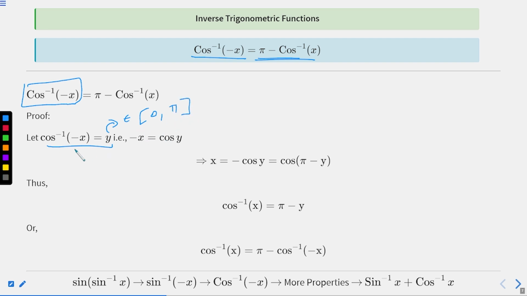From here, I can say that minus x is equal to cos y. We know that cos inverse function is defined from closed interval minus 1 to 1, with range 0 to pi. From this also I can say that this minus x must belong to the domain of this. Keep this point in mind.